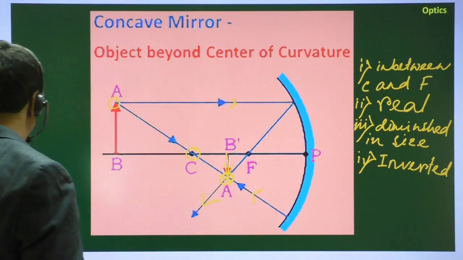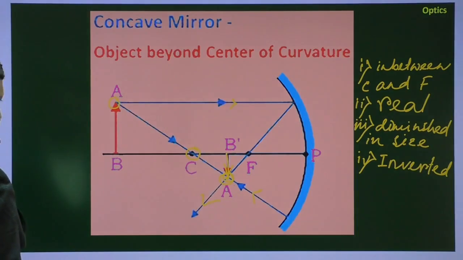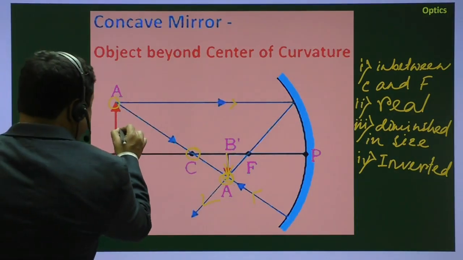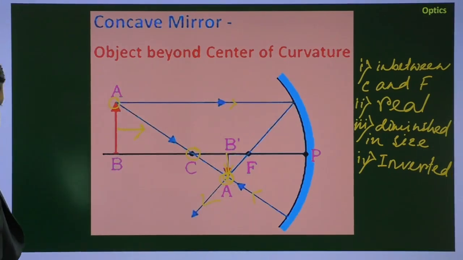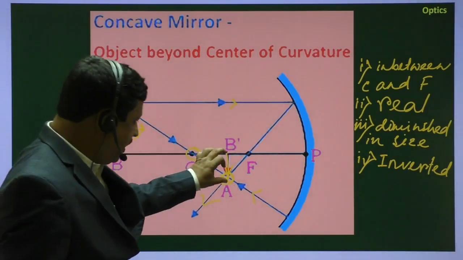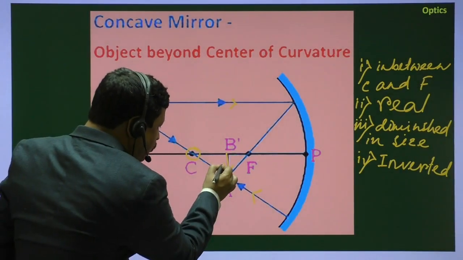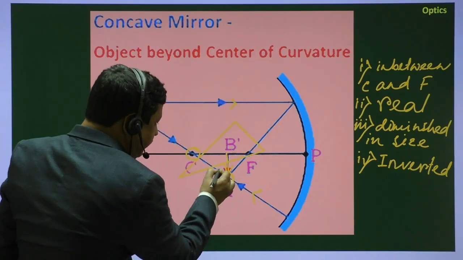Is it clear? If the object moves towards the mirror, then this image will move away from the mirror, okay.